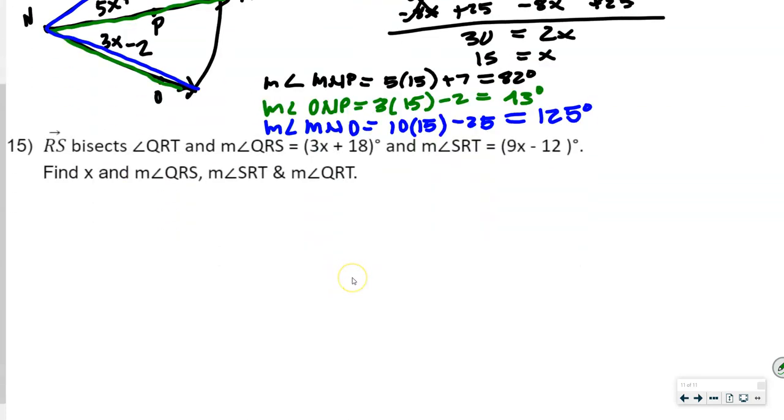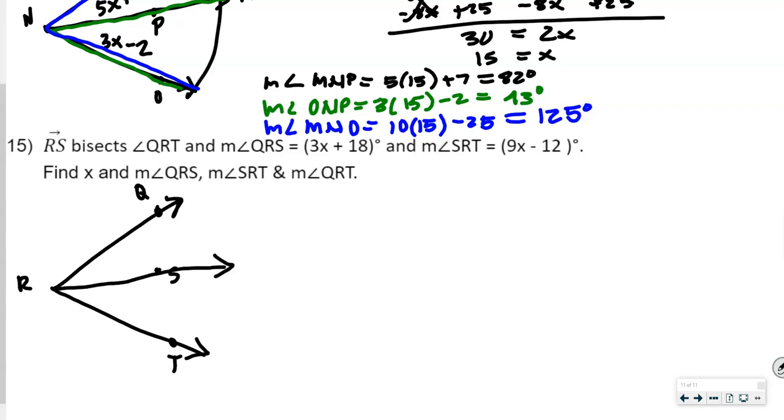Okay, so here's our last one. RS, it says bisects angle QRT. So we're going to do QRT and RS. S is going to be a dot in here somewhere. Well, actually, this time we know what. These two angles are congruent, okay, because it says bisect.